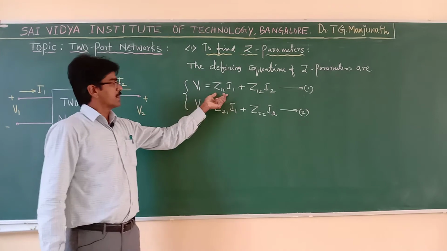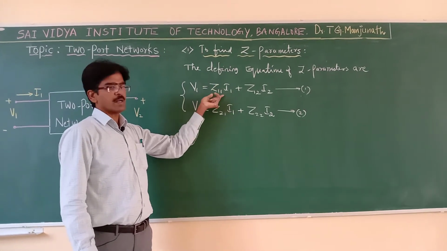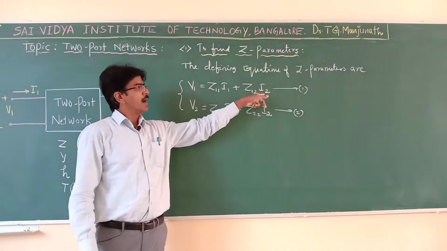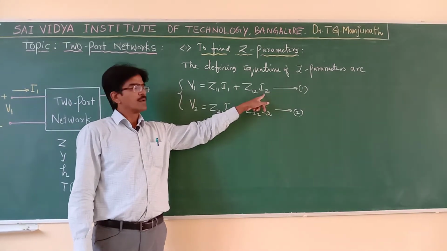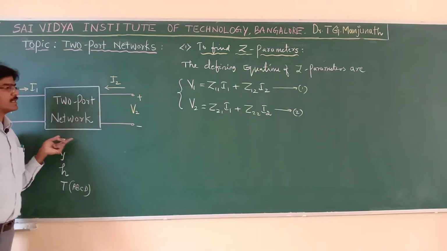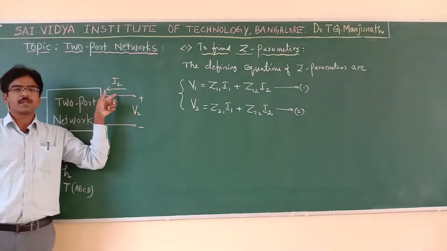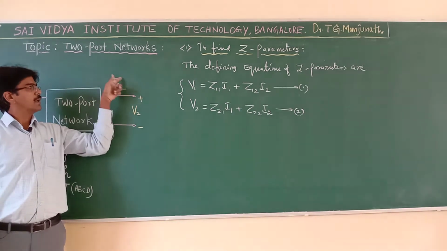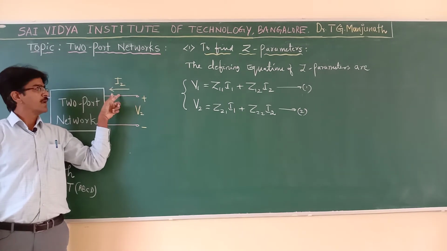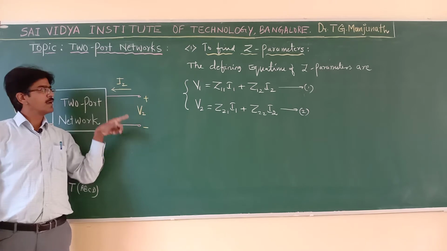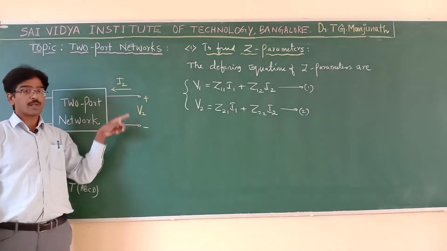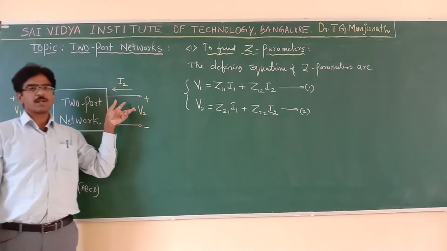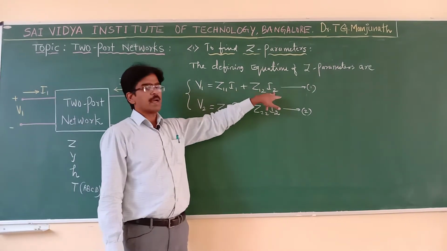Now, in this equation, suppose I want to find Z11, I will make the current I2 0. I2 is the current at the output port in this two-port network. So, how to make I2 0? If I create an open circuit at the output port, I can make I2 0.